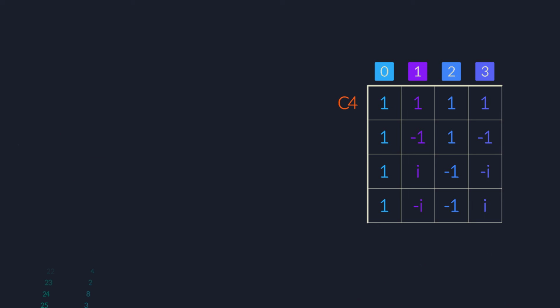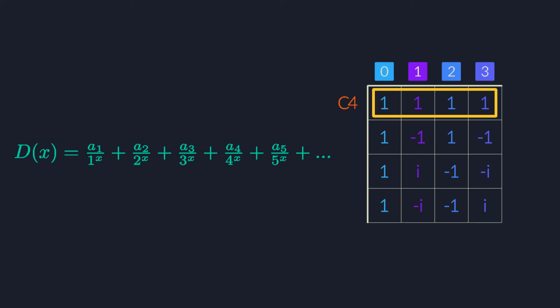Certain kinds of characters can be used as the coefficients of a Dirichlet series. It's similar to a power series, but with the input variable in the exponent instead of in the base. These functions are crucial for analytic number theory. If you use the trivial character, all the coefficients become 1, and the resulting series is known as the Riemann Zeta function.